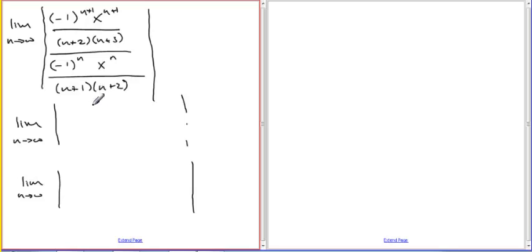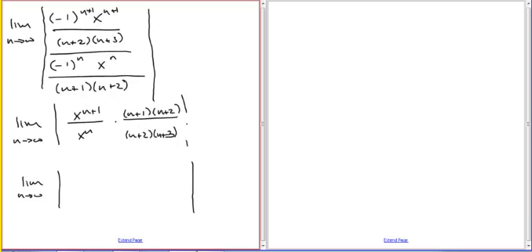Okay, now what happens is the negative ones we don't worry about. We get x to the n plus 1 over x to the n. In the numerator we'll have n plus 1, n plus 2. In the denominator we have n plus 2 and n plus 3. And again, this goes to 1 when n goes to infinity.